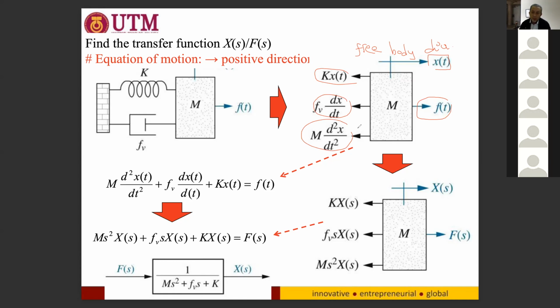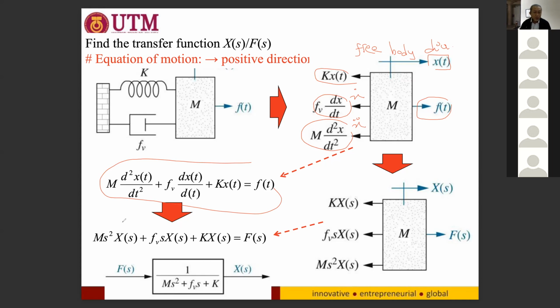Usually I call it x dot, which is dx per dt, and x double dot stands for d square x over dt square. So this is what I call the force equations. The three forces on the left, in total, are equal to the input f of t.